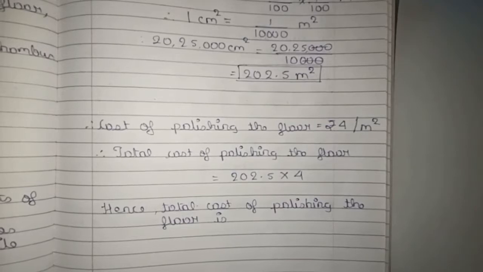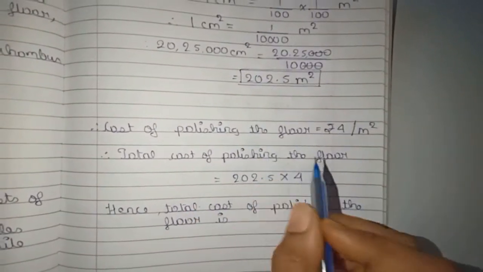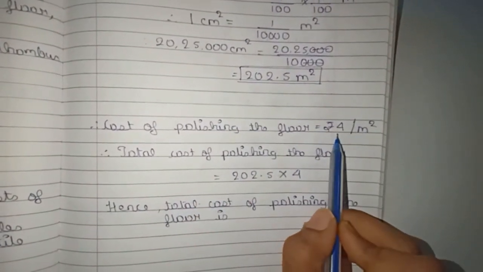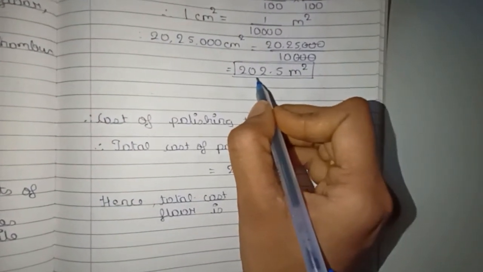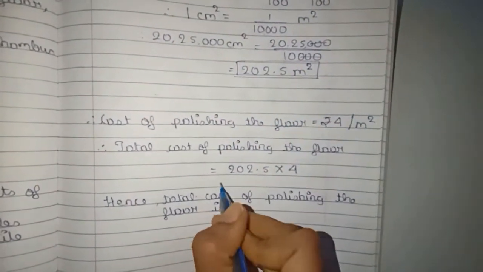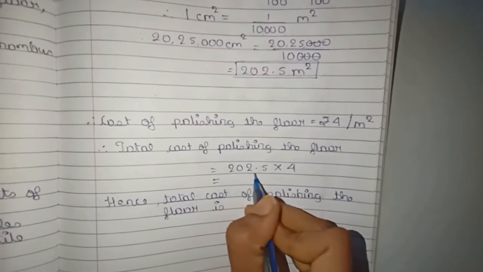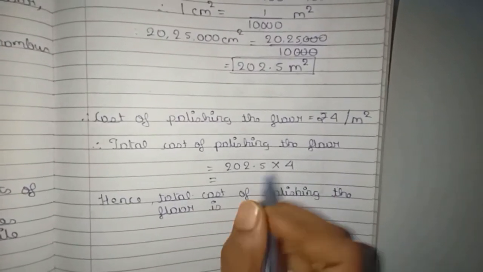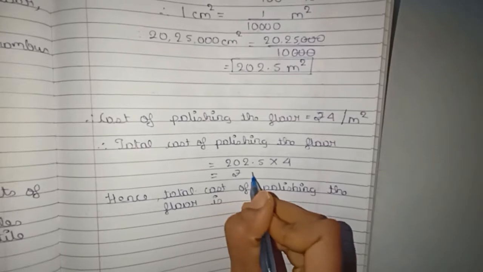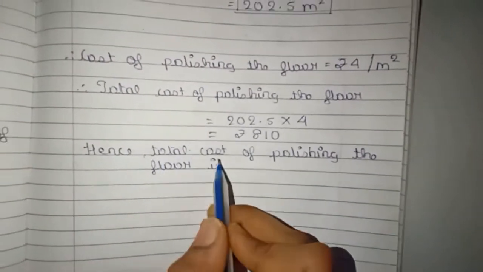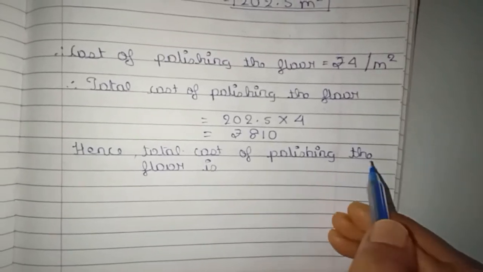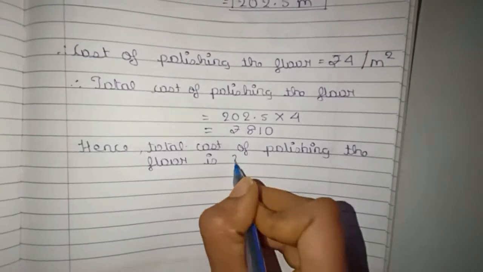This will be our total cost of polishing the floor, because per meter square cost is ₹4. So total area we have got is 202.5. So our answer, when we multiply 202.5 multiplied by 4, we will get ₹810.